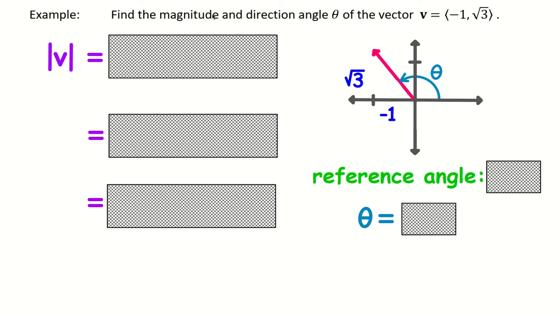So once again, finding the magnitude, and look, drawing a picture is probably a good idea, especially when it comes to the angle, because remember the direction angle has to be formed with the positive x-axis, not just the x-axis, the positive x-axis.